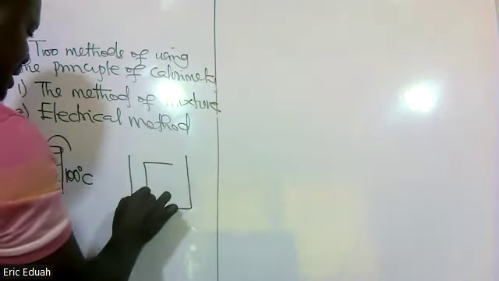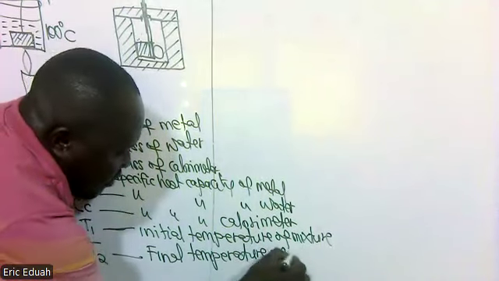We are saying that let the initial temperature of water be T1, the initial temperature of the mixture. Then T2, the final temperature of the mixture.